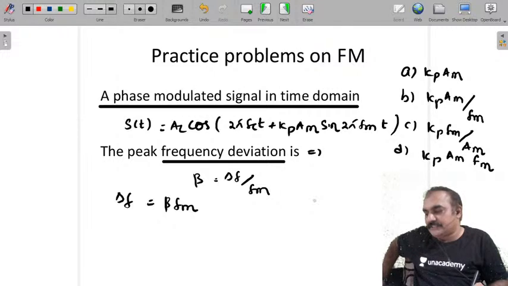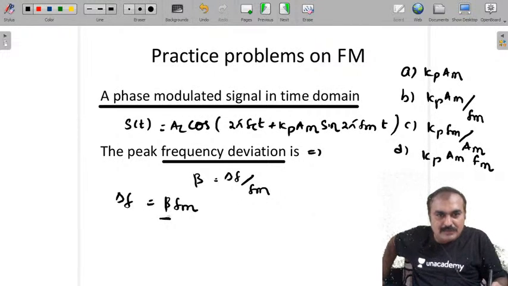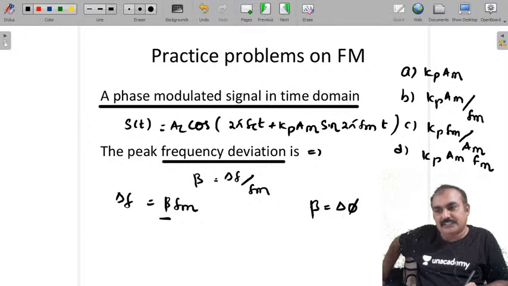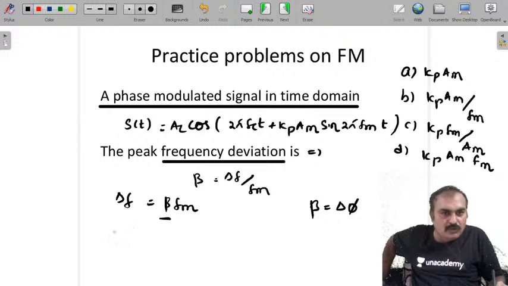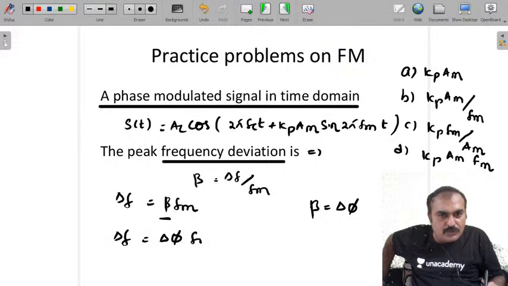Beta is nothing but the phase deviation, so delta f equals phase deviation into fm.